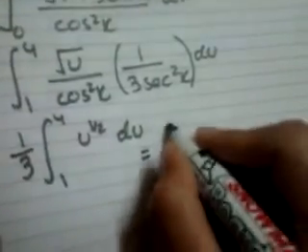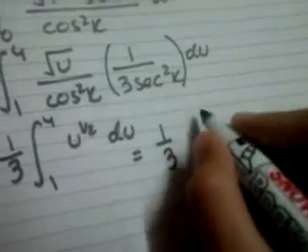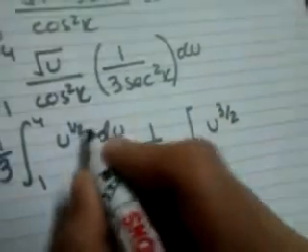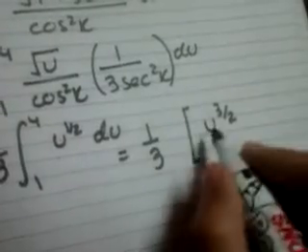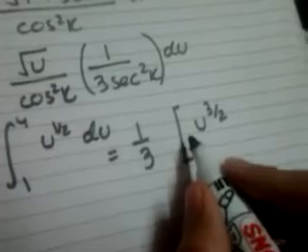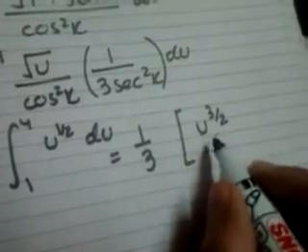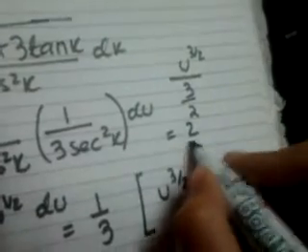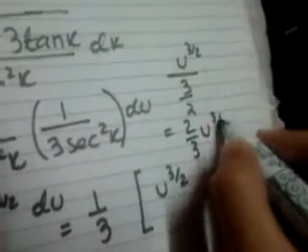So du. Okay. So this is 1 by 3. What's the integration? That is u to the power 1 by 2 plus 1 is 3 by 2, divided by 3 by 2. This is just simple integration. This is 2 by 3 u to the power 3 by 2.